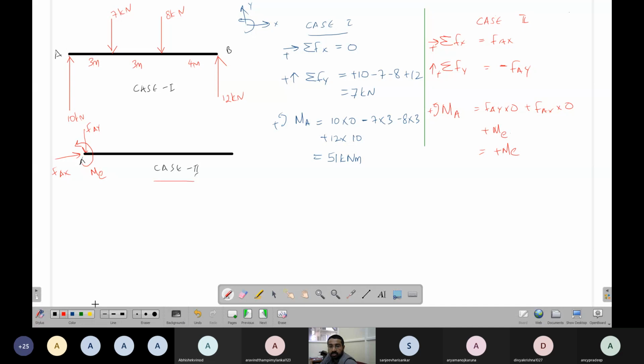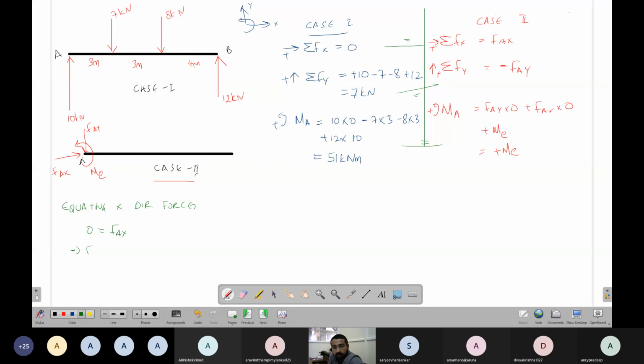Now we just have to equate these. First we will equate the first one, equating x direction forces. So 0 equals F A x.